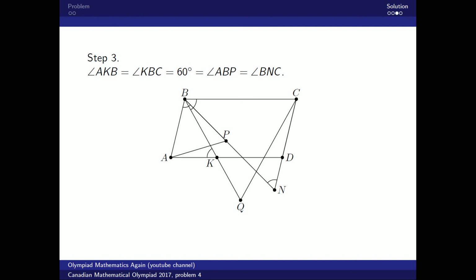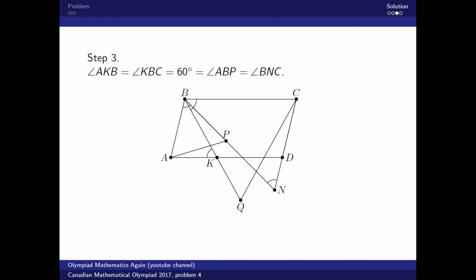So BC is parallel to AD, therefore the angle AKB is equal to angle KBC. And it's equal to 60 degrees because KBC is 60 degrees because BCQ is equilateral. So then it's equal to ABP because it's also 60 degrees. ABP is an angle in the equilateral triangle ABP.